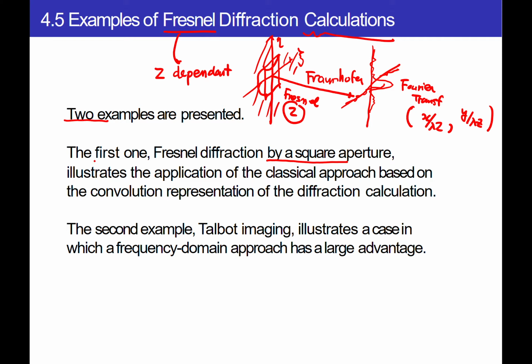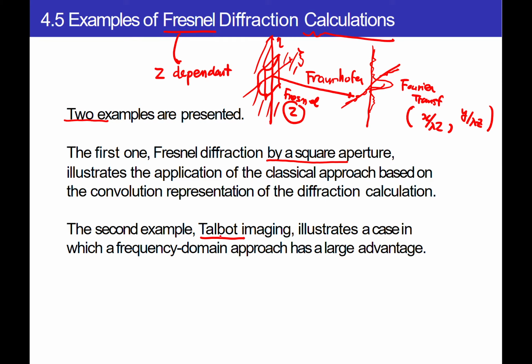So we are going to look at how the z-dependent Fresnel diffraction will evolve for the case of a square aperture. And the second thing is Talbot imaging, which is a kind of phase grating, or amplitude grating, and we'll see how it goes.